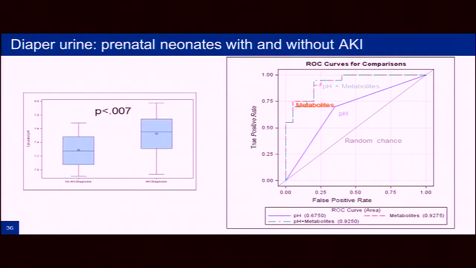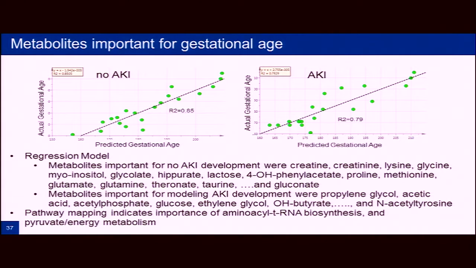However, when we look at the ROC curves for pH and then compare that to the scores from the rest of the metabolites in the OPLS-DA, we were able to show that the metabolites do a much better job of predicting the group.